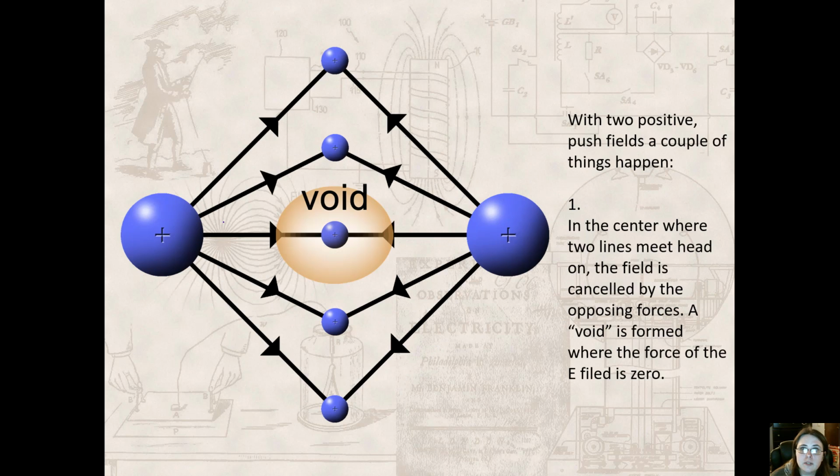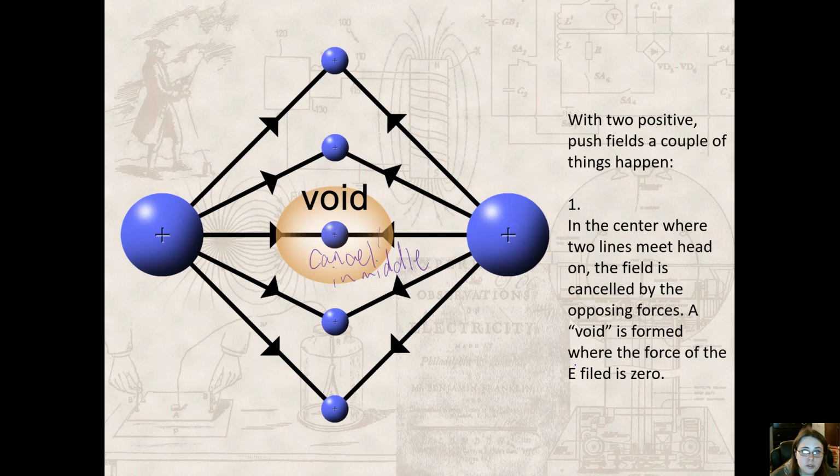Okay, so when you have two positive charges, there are a couple of things that happen. In the center, you have the positive and the positive, and you have a positive test charge here. The two lines meet head on, and they cancel in the middle for the two positive charges.